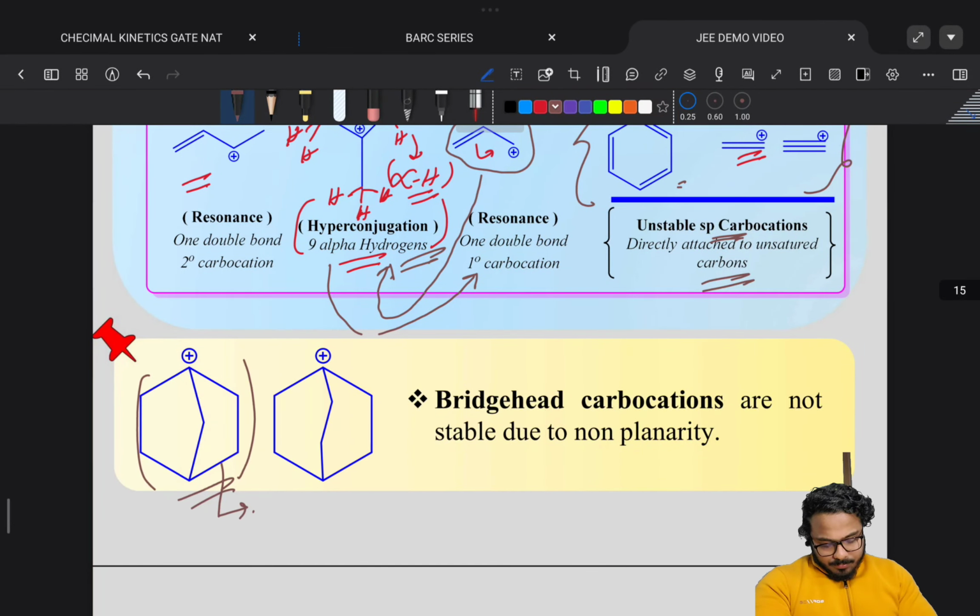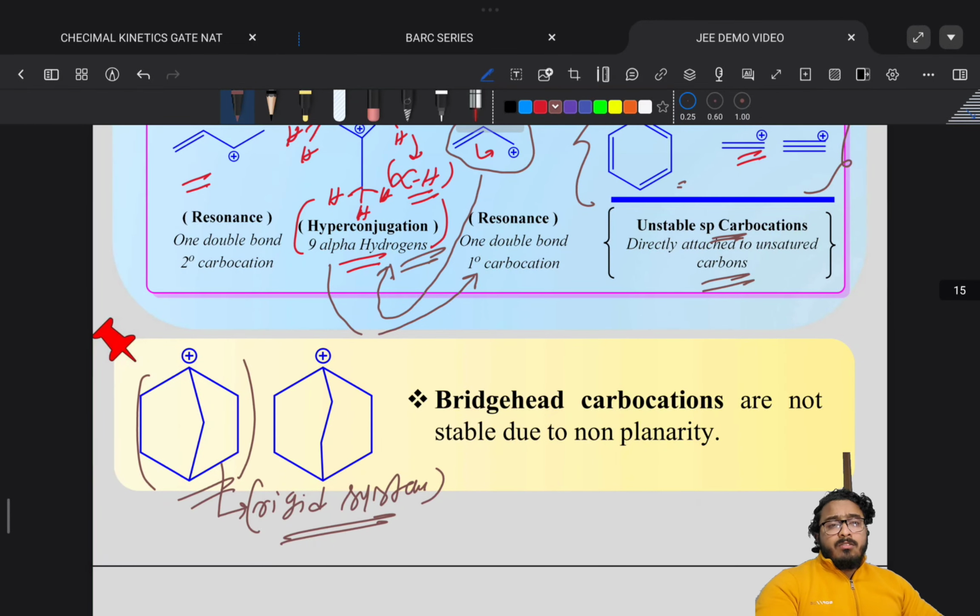That is the bridged carbocation. A bridged system is a rigid system. As you can see, for the formation of a carbocation there is sp2, which means 120 degrees, but this is a rigid system.